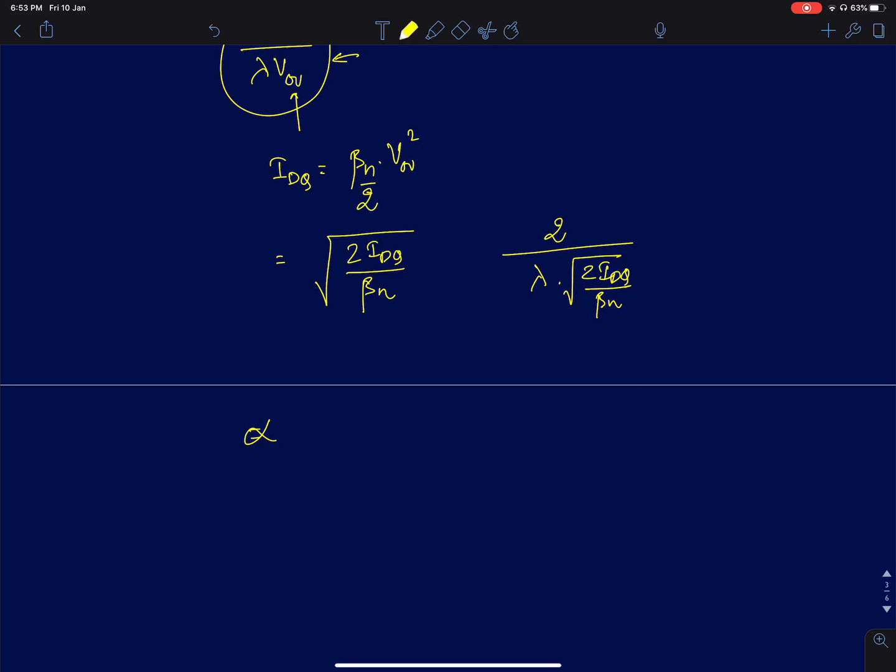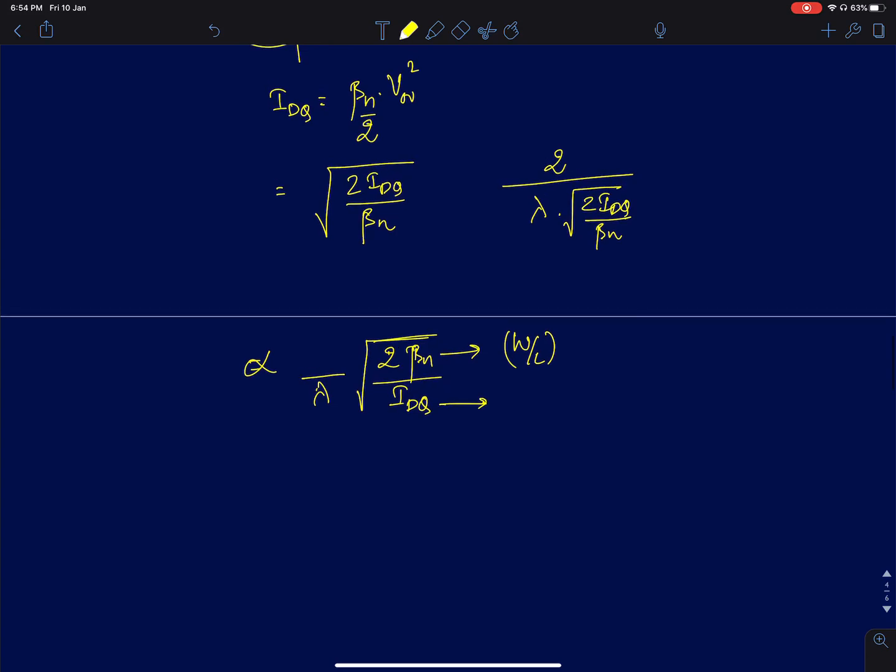Your intrinsic gain will remain constant. So in fact, it is 2 by lambda into square root of, I can take the 2 inside, so you'll actually get 2 beta n upon IDQ. Your beta n is nothing but W by L into mu n into Cox. And if you scale your current and width together, then you will not see any change in the intrinsic gain. So this is one.